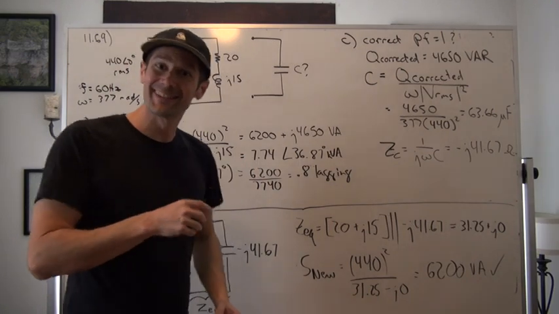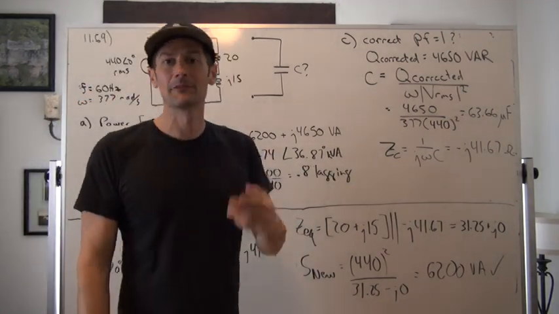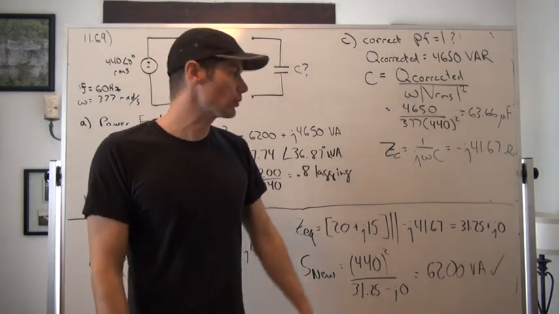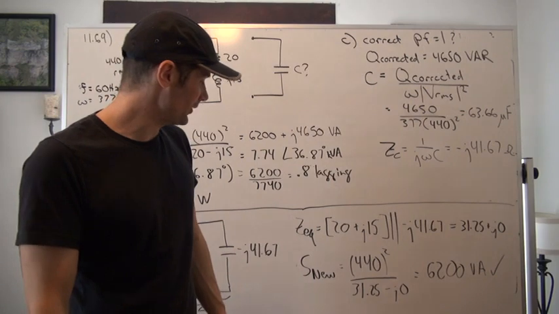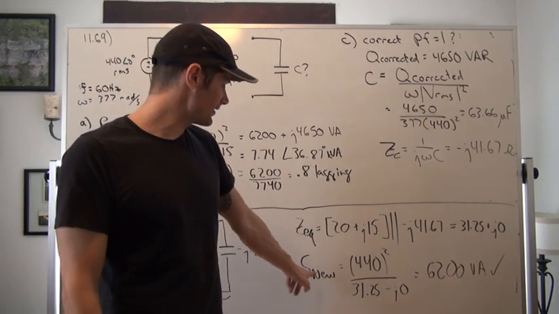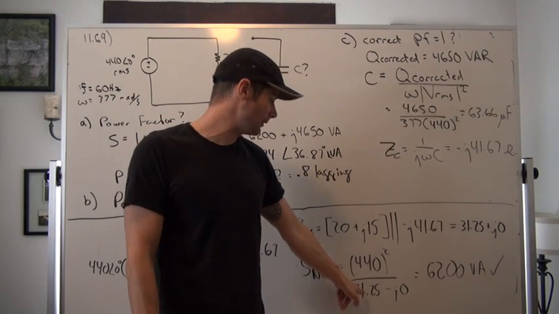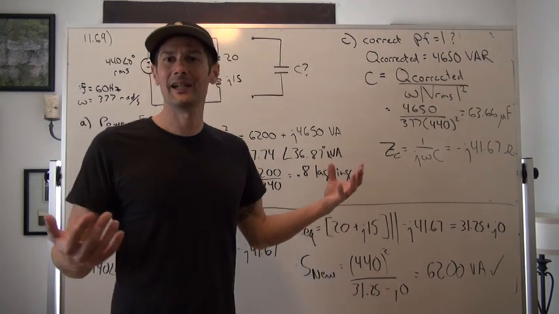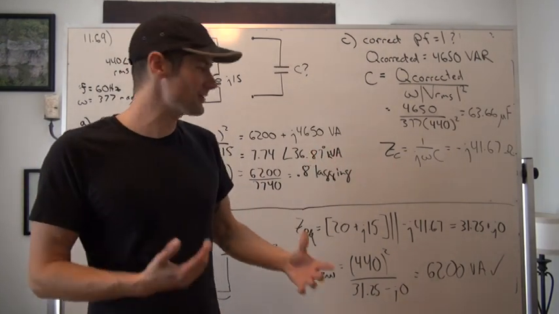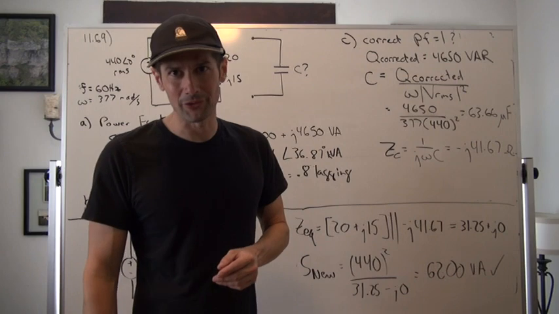No, it definitely doesn't, because we calculated a value of capacitance that would basically create the reactance right here to go to 0. And sure enough, here S that we calculate is 440 squared over 31.25 minus J0, and the only thing that we have left within our system is 6200 volt amperes.